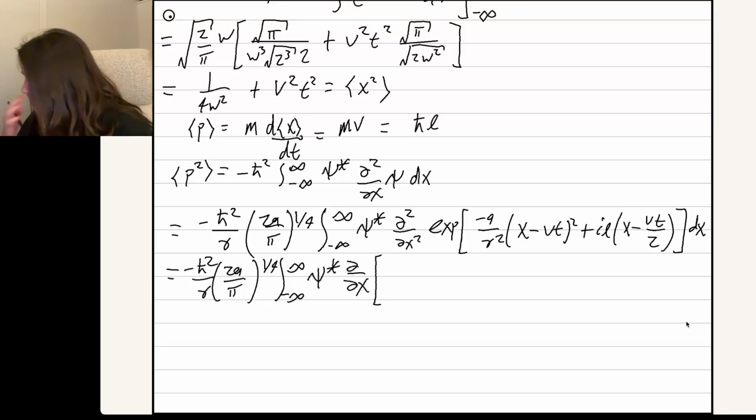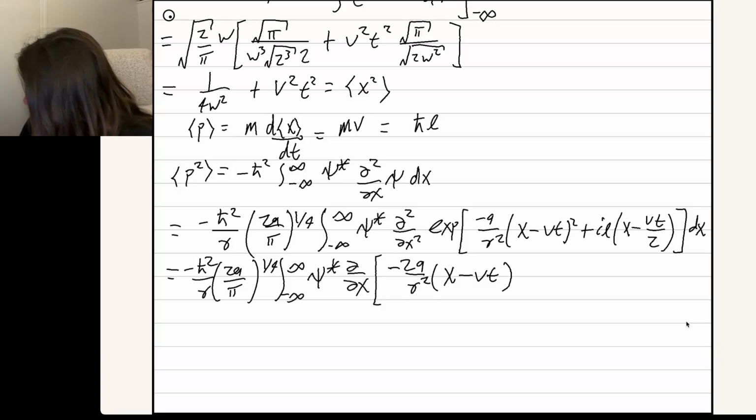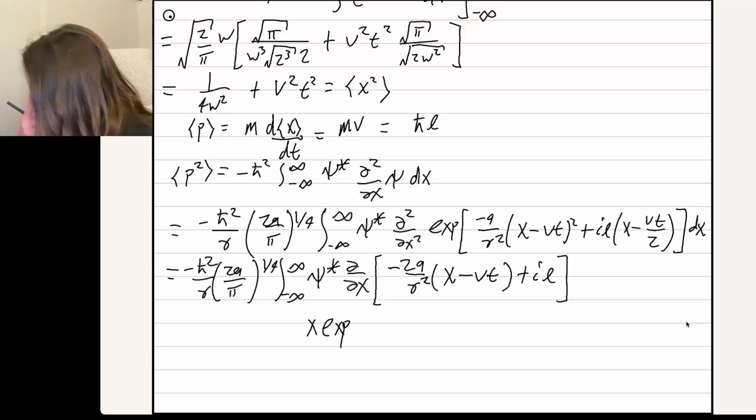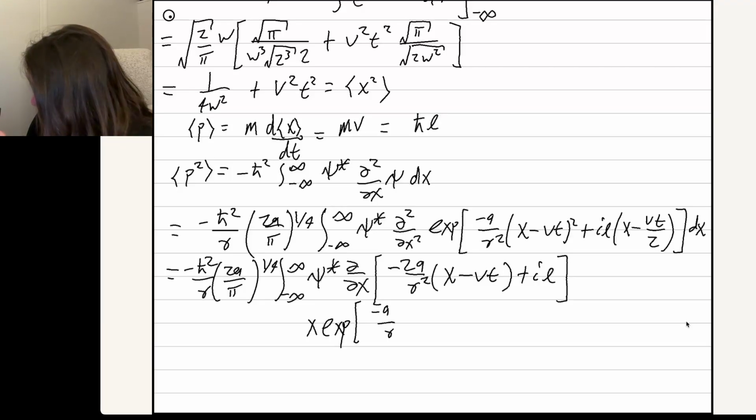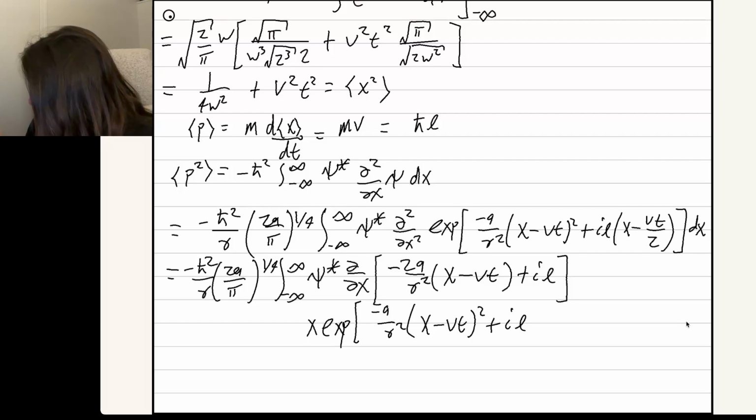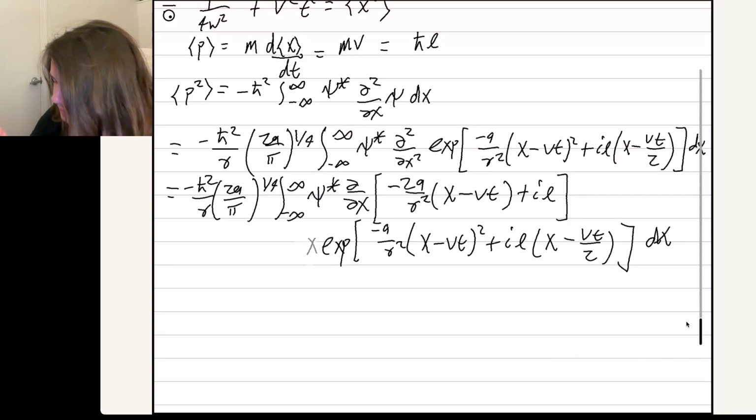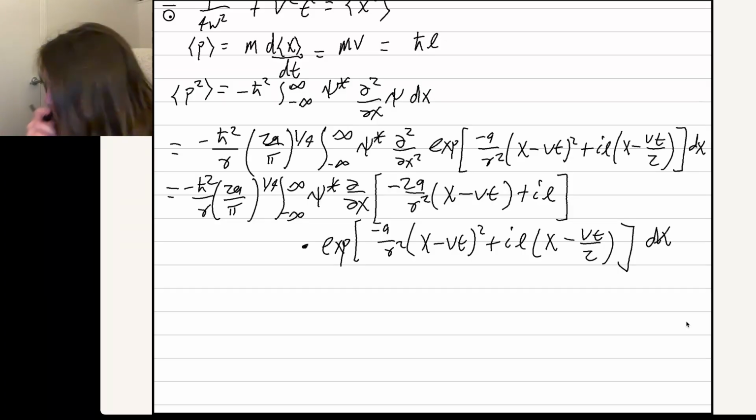So we have minus 2a over gamma squared times (x minus vt), plus il, and that's times the exponent, where I don't even have enough room to write it anymore, all in one line, because this problem was designed to be difficult. That's a times, by the way, not an x. I should just do that instead.